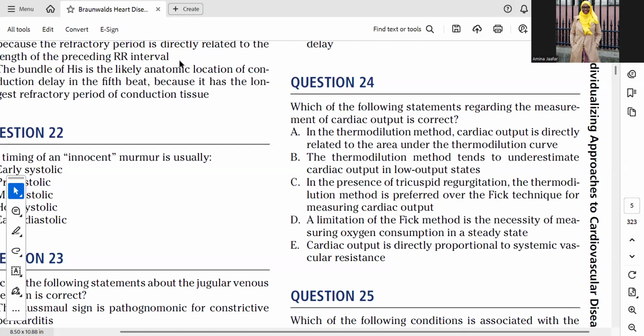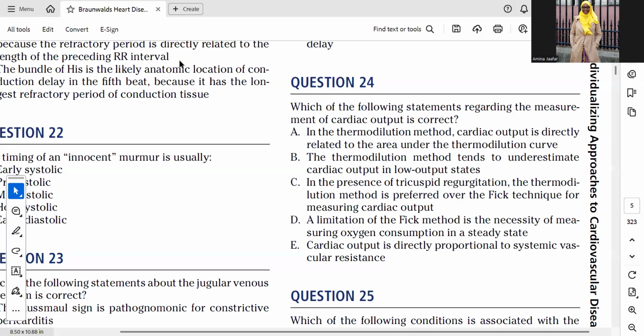And this temperature is being absorbed by the structures around the heart. So the temperature change is rapid instead of slow. Rather than the blood, other structures within the heart also absorb temperature. So the rapid change in temperature will tend to overestimate the cardiac output. Remember, the more rapid the change in temperature, the higher the cardiac output. So option B is wrong because the thermodilution method will overestimate cardiac output in low output states.